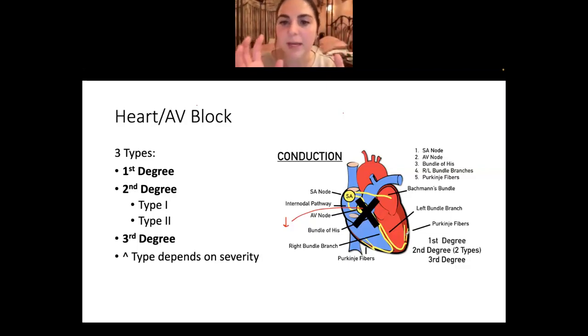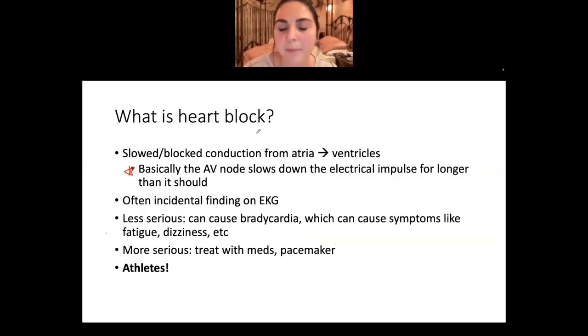Before the ventricles contract, it wants to make sure they have time to fill up with all the blood from the atria, because it doesn't want to contract the ventricles before the atria empty out all of their blood. So that's a huge goal of the AV node: to allow for ventricle filling.